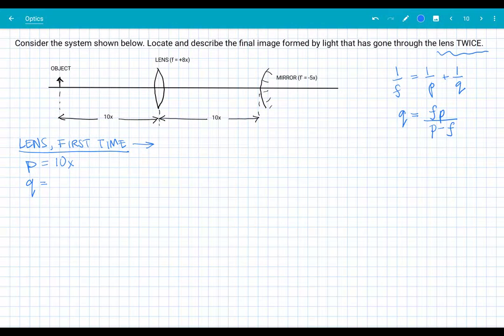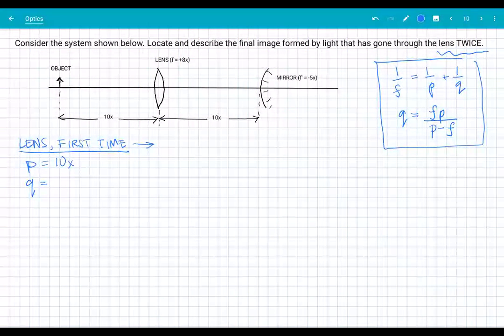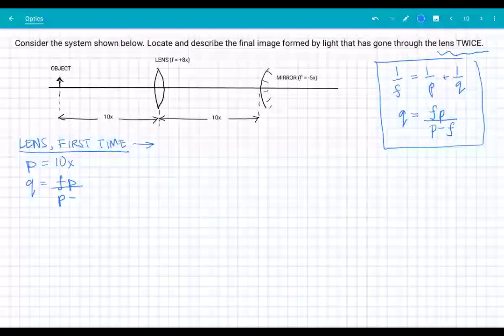So those are my general forms that I'll use. So Q is equal to, now I have my focal length, I'll just write this out here first so that we can follow along: focal length times P over P minus F.